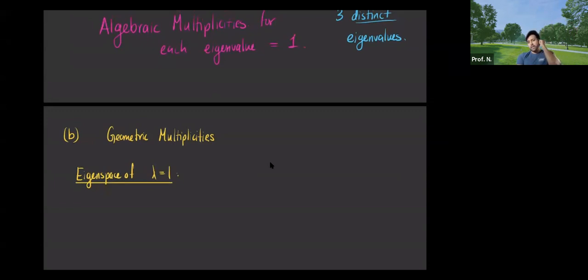What is the eigenspace of an eigenvalue? The eigenspace of a matrix A. So how do we find that eigenspace? Anybody?